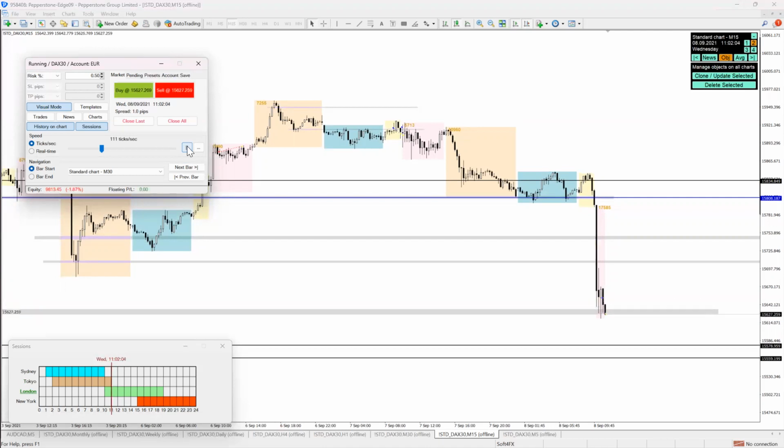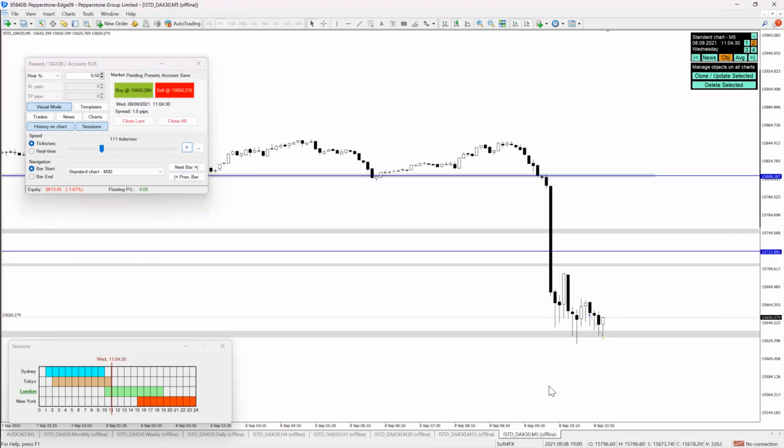Not looking good. Still have faith in this one.